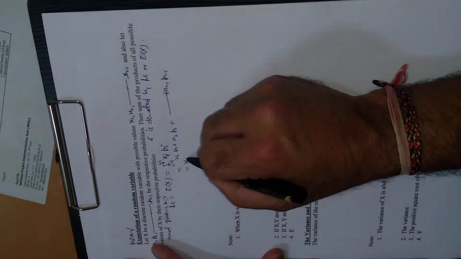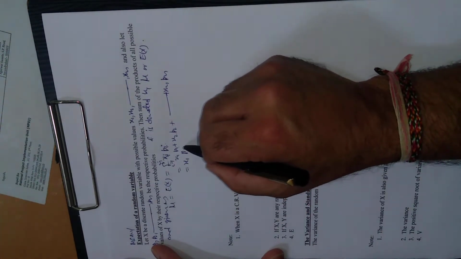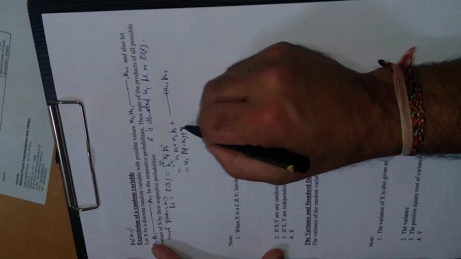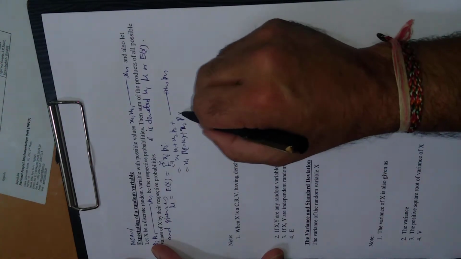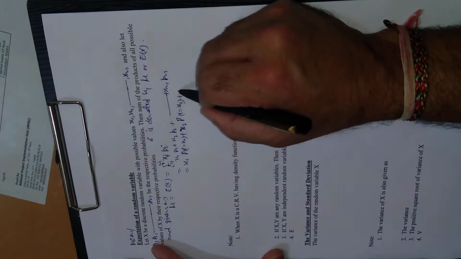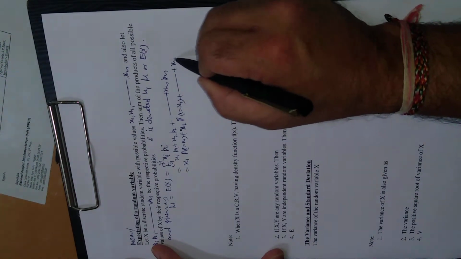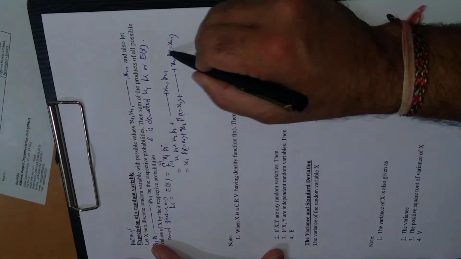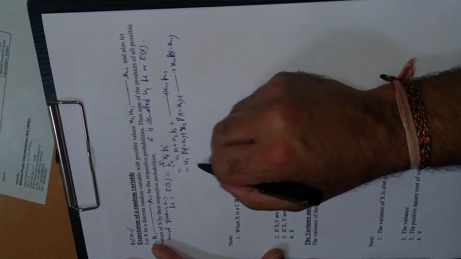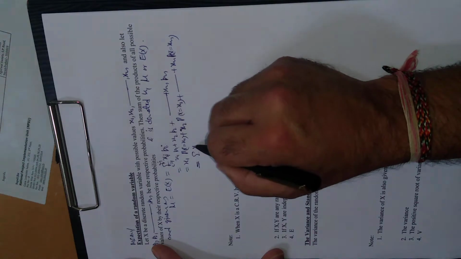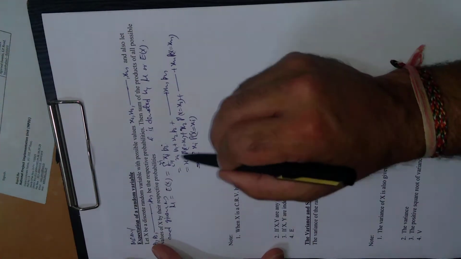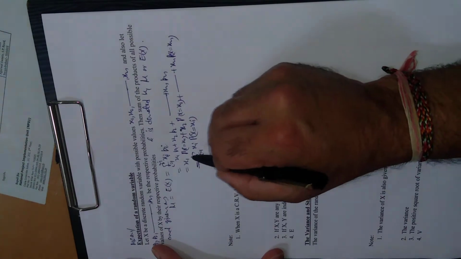This can also be written as x1 times probability of x equal to x1, plus x2 times probability of x equal to x2, and so on, plus xn times probability of x equal to xn. Again in summation form, this can be written as summation xi P(x = xi), where i is again varying from 1 to n.